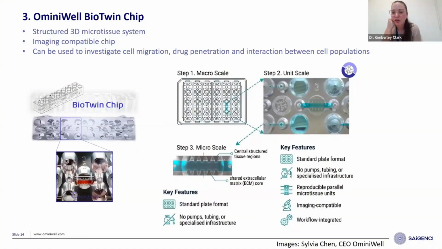So this enables us to control that a little bit more tightly, where we can either seed one population first, followed by a second, or you can separate them across the ECM matrix, so that they can still signal to each other, but are not necessarily out-competing each other for cell growth. And so you can still answer your research questions without having to be monitoring different populations.